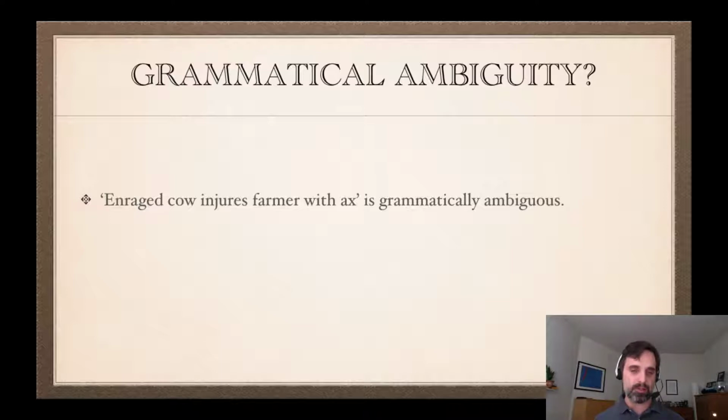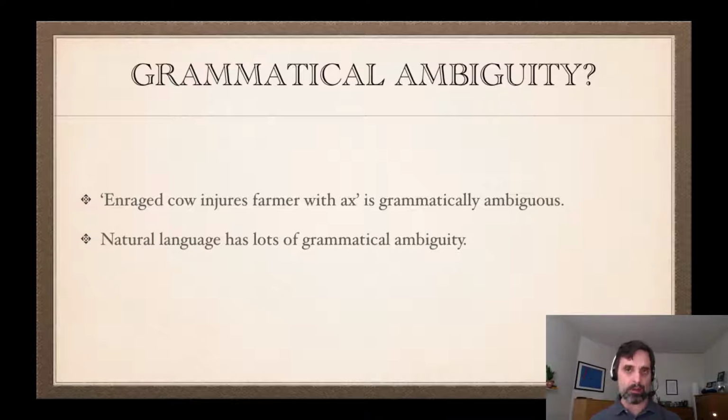Well, there's an intended reading, but the sentence is grammatically ambiguous. And natural language contains grammatical ambiguities all over the place. And there's nothing terribly problematic about that. Sometimes it can be problematic in communication, but certainly in these two cases, it tends to be clear which of the readings is the intended reading.